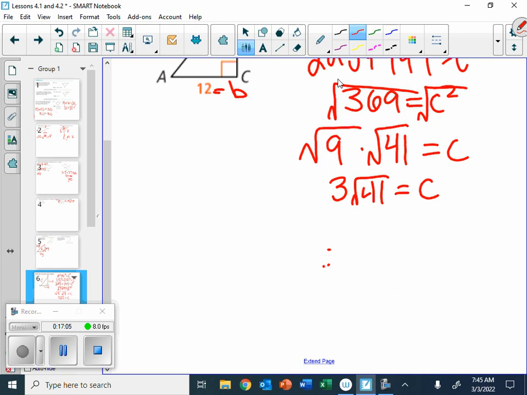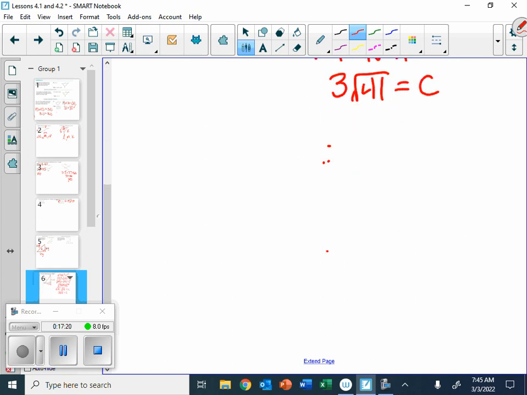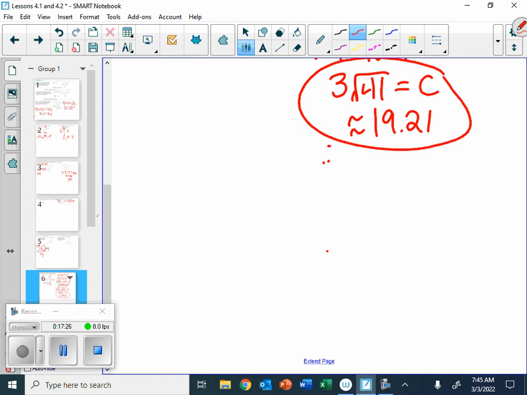If you get a radical, hit the arrows right above enter. What do we get? 19.21. So depending on how the problem asks you, your answer could be 3 square root of 41 or 19.21.